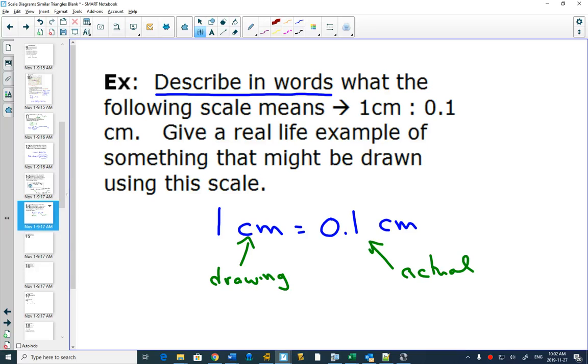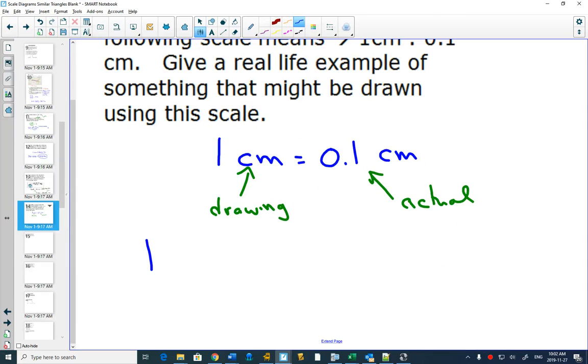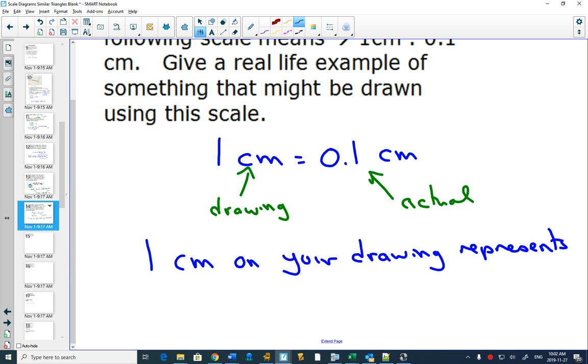So what it means in words is 1 centimeter on your drawing represents 0.1 centimeters in reality.